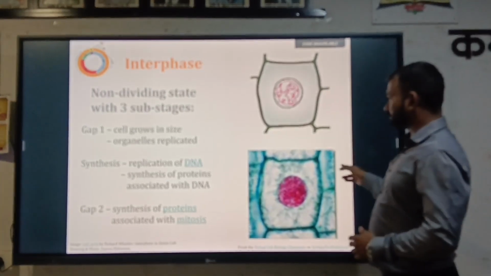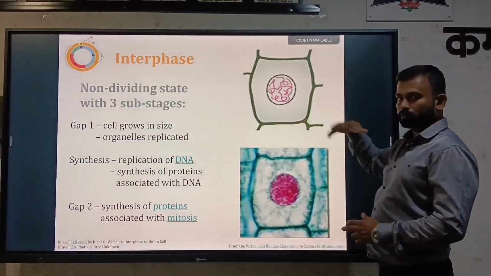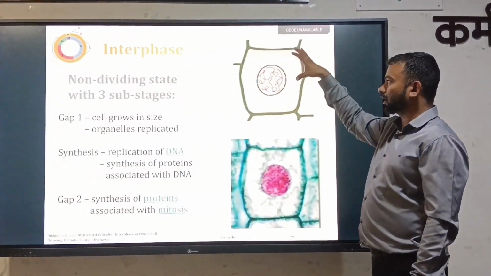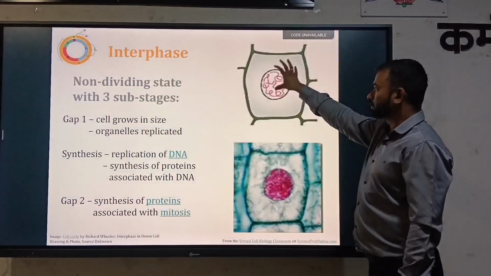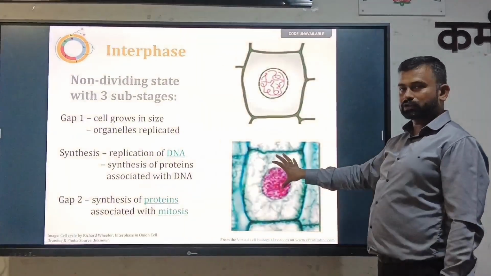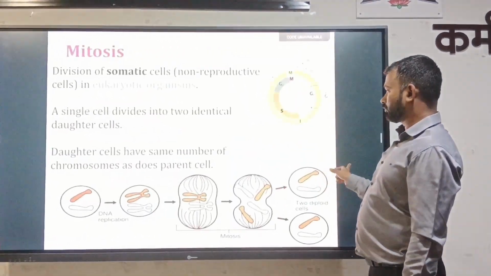In the interphase, we have seen here the structure of a plant cell. I generally belong to the subject botany, so that's why I will give the example of plant cells here. This is the cell wall, the nucleus, and the genetic material present inside it. And this is the actual cell as observed under the microscope.